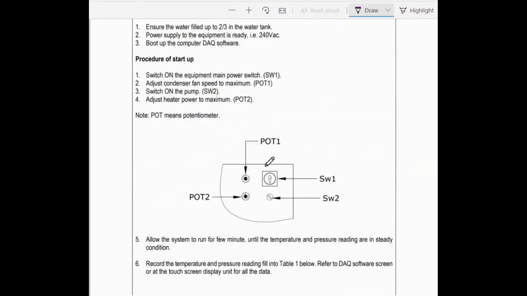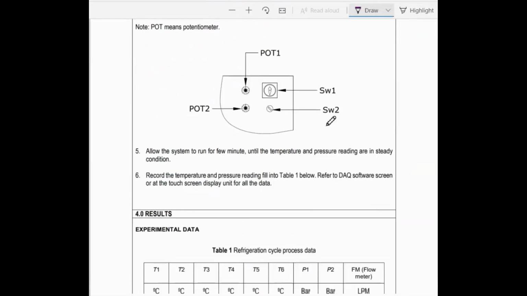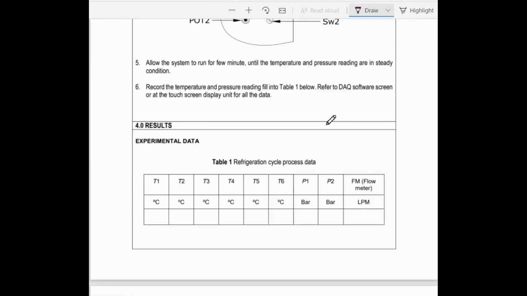The same goes for the upper figures. Then let the system run for about 5 to 10 minutes. Then you record the temperature and pressure readings at the controller, and key in or fill in Table 1.